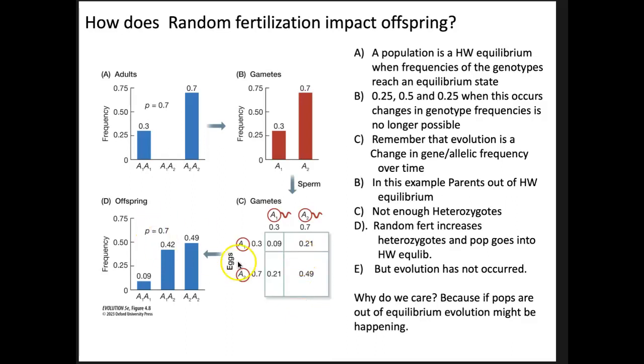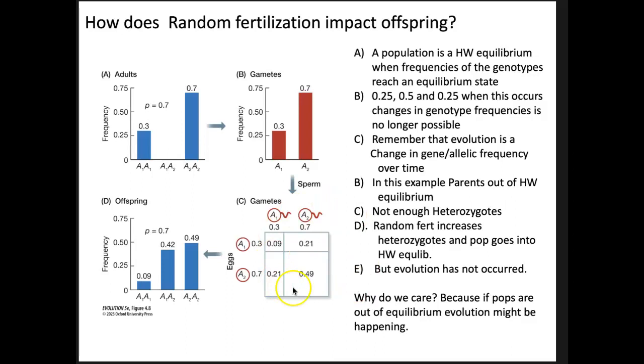So we could see the eggs are over here on the left-hand side, the sperms are over here on the top. And we can see, okay, in the A's, we have A1, 0.3 on the left and 0.3 on the top, right? And then down at the bottom, we have the A2, and of course on the top, we have the A2.